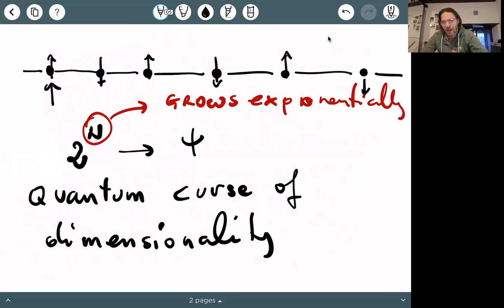And I will discuss that at the end of the course. Try to perhaps get some partial information, but reducing the problem to a form that is dimensionally tractable.